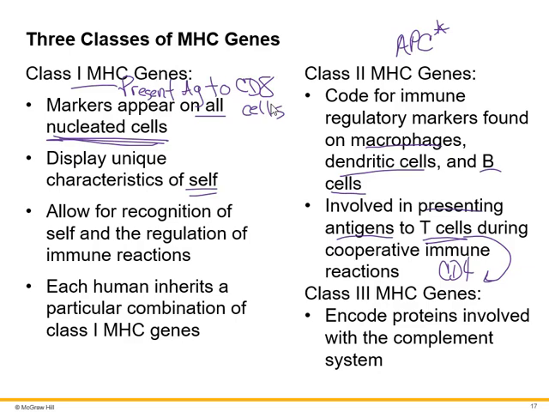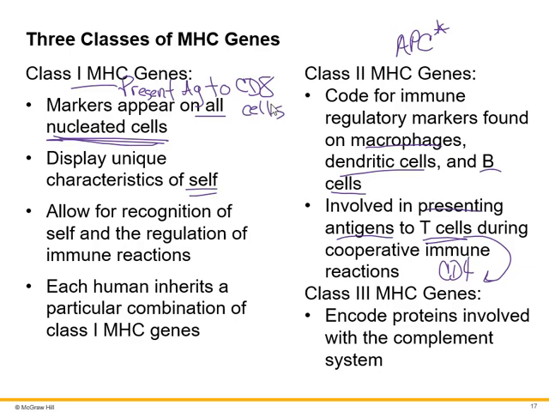So 2, 4, 6, 8 is how the cheer typically goes, but I changed it: 2, 4 is still the same, but 1, 8 is changed from 6, 8. So 2, 4, 1, 8. The T helper or CD4 cell is presented antigen by the MHC class 2, and MHC class 1 presents the antigen to CD8s. Now, there is a third class of MHC genes.